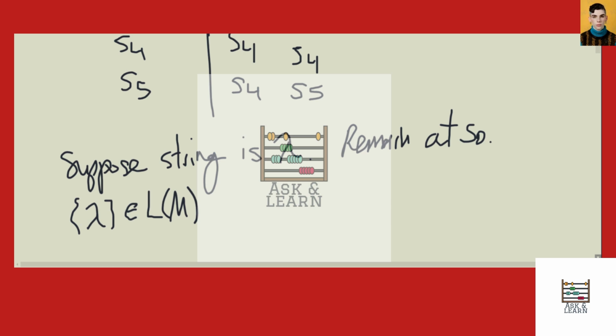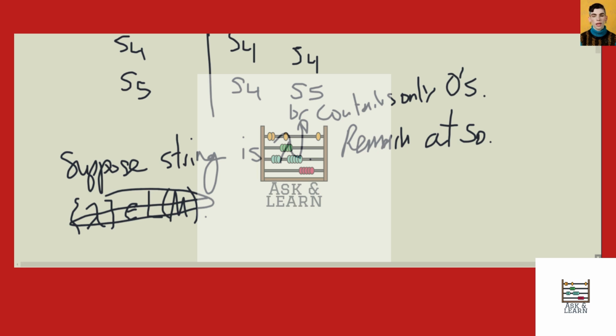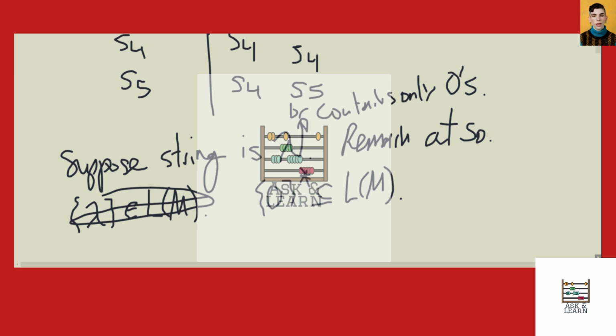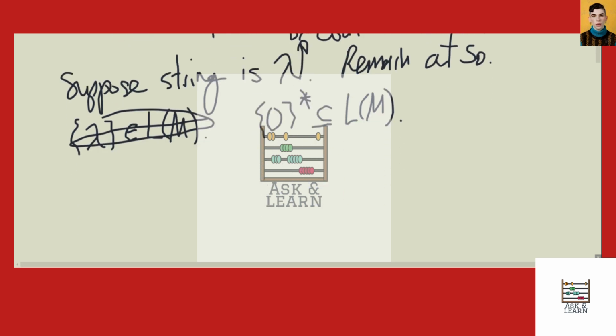So let's suppose the string is lambda or contains only zeros. Then we're going to remain at S0, and it follows that 0 star is a subset of the recognized language. This includes lambda as one of its strings.